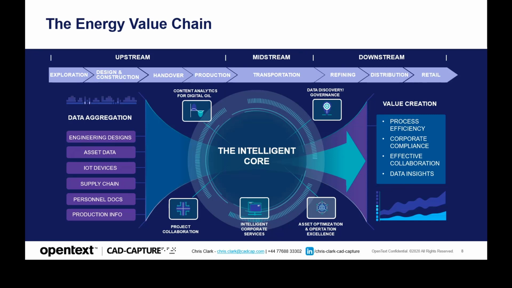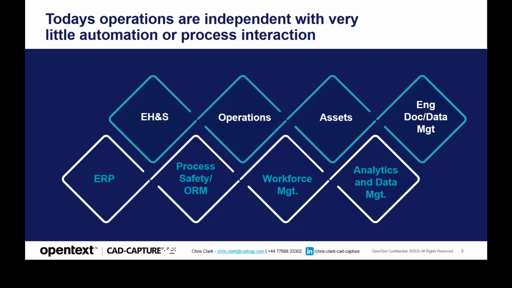Things like engineering data management, asset operations management, and supply chains, for example. The challenge that most oil and gas companies face in creating this intelligent core is that most of the systems and data within operations is disconnected today. Separate systems, separate repositories and databases that do not talk to each other or share data.